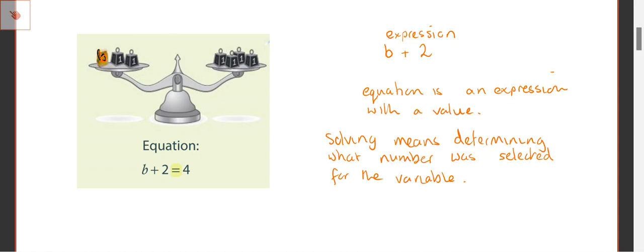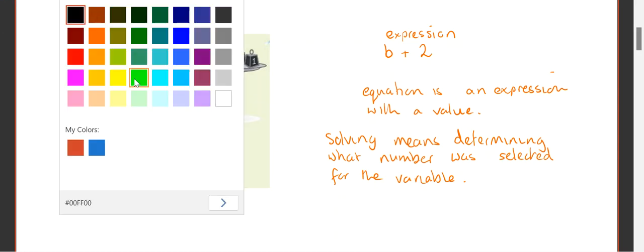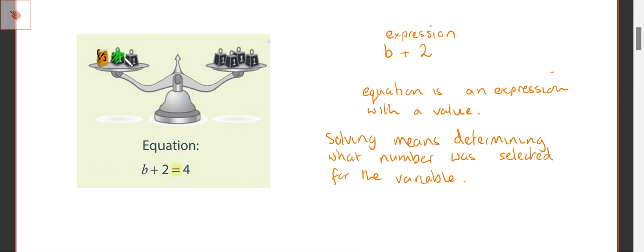So let's scrub out 2, because that leaves me with just the B. But what must I do on the other side? What about 2? Brooklyn? Do the same thing you did on the other side. Exactly. So I'm going to also scrub out 2.